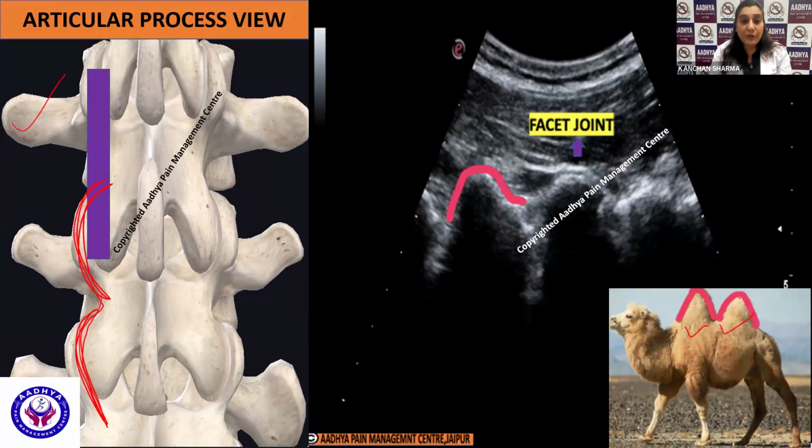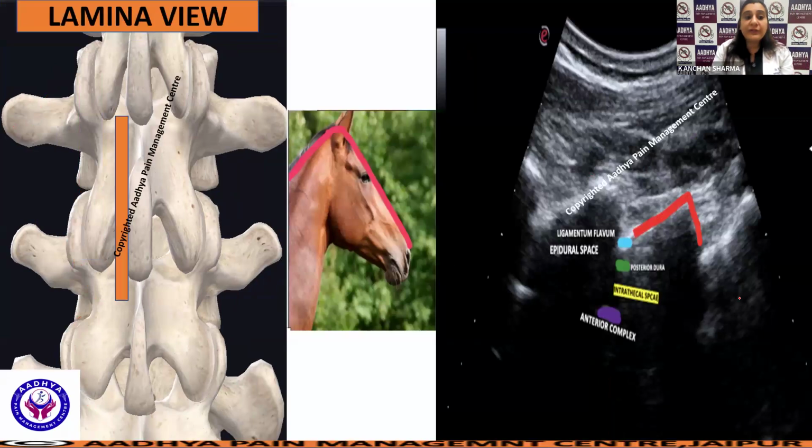So we are going to call it the camel hump view. Moving further, we will be over the lamina. How will the view look over the lamina? It will be like the head of a horse. So we are going to call it the horse head view.